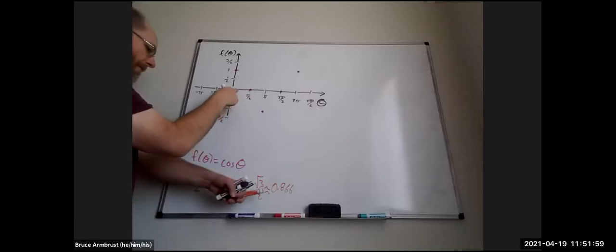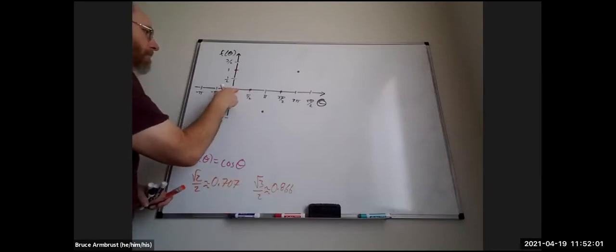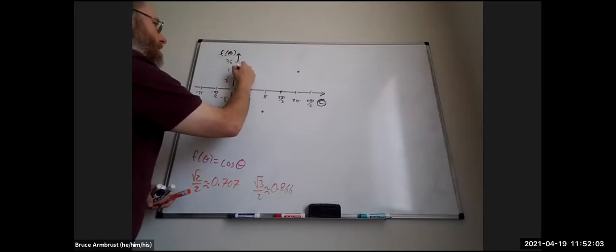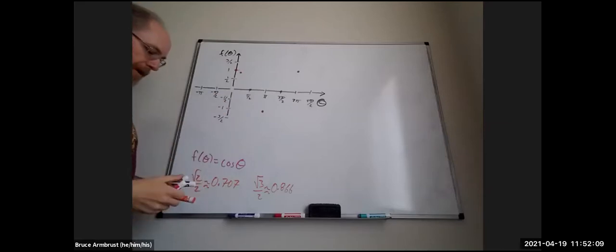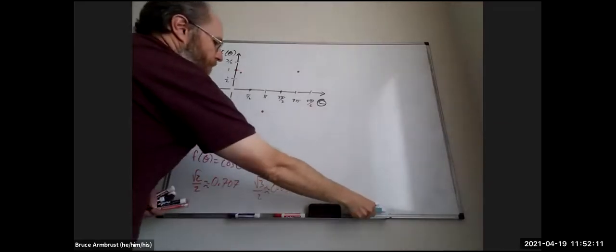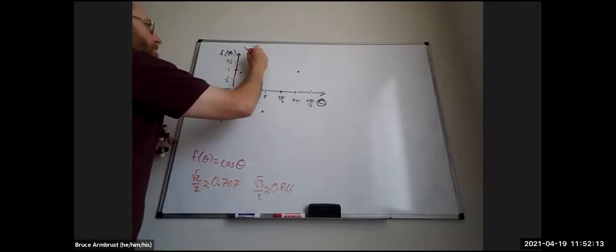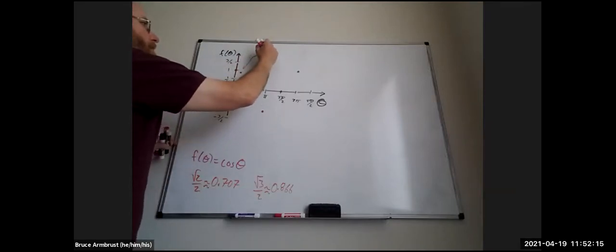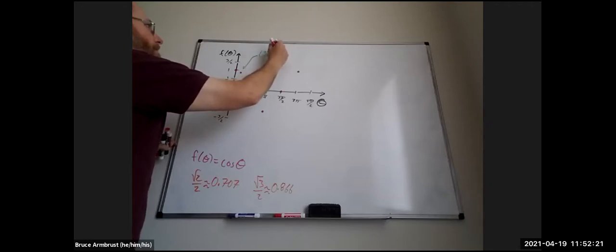And I get a y value of √3 over 2, which is 0.866 something. So that's going to be this point right here. So that's the point pi over 6, √3 over 2.